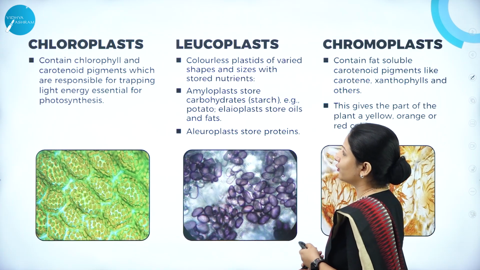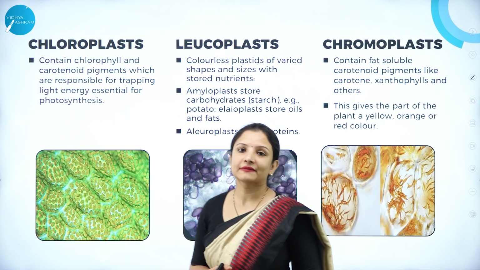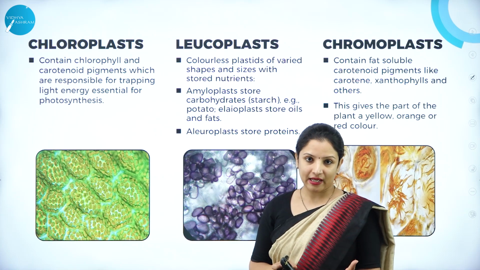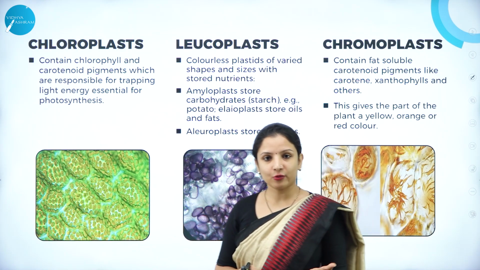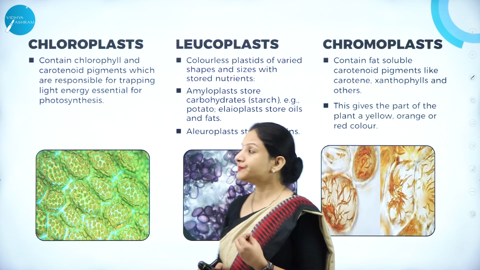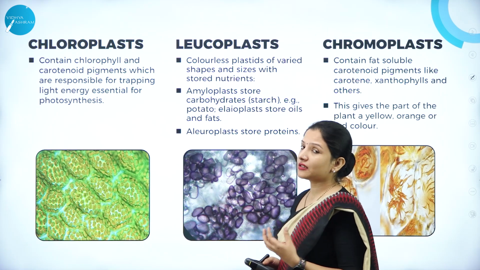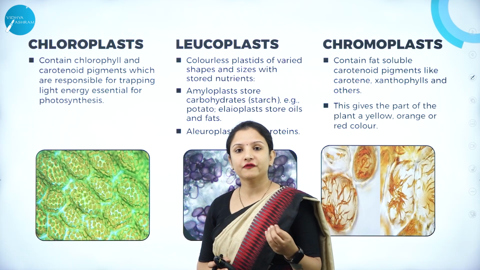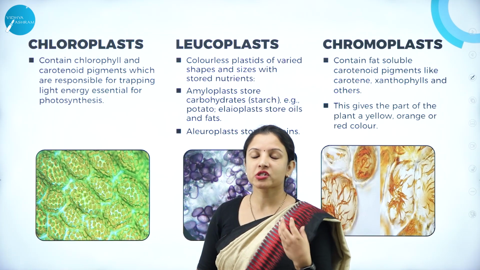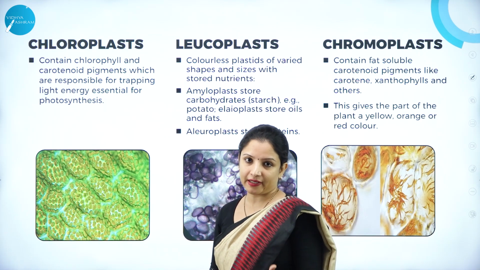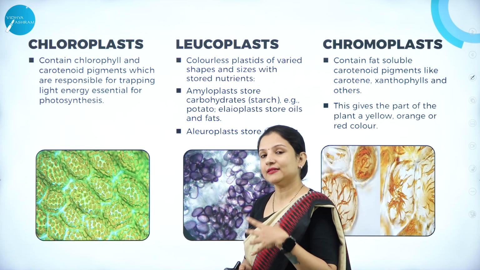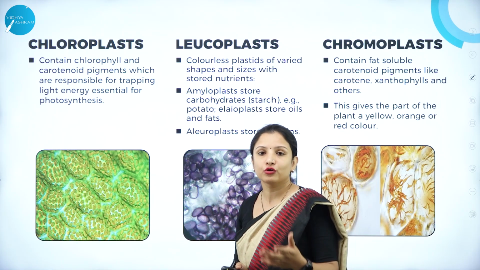Talking about chloroplast, you all have studied chloroplast in plants as well as in bacteria, that is in cyanobacteria, blue-green algae, right? The chloroplast contains pigments called chlorophyll, and that chlorophyll pigment is green in color, which imparts the green color to the plant. Therefore, chloroplast is a plastid that contains a green color or chlorophyll pigment.